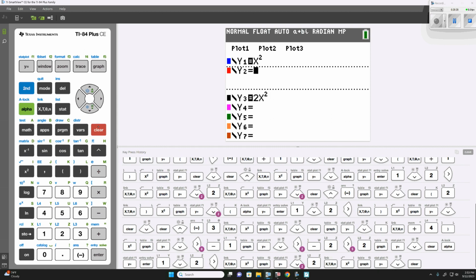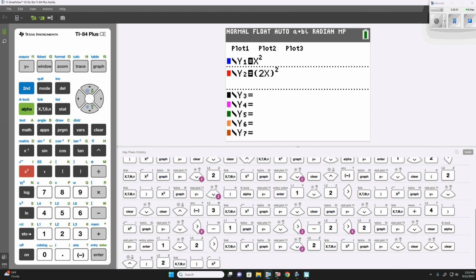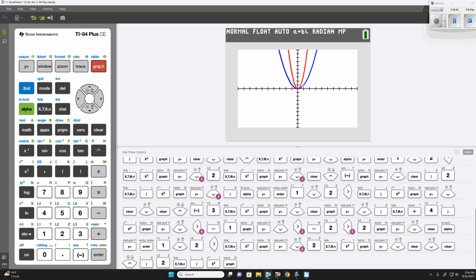Now, the one we just had was 2x squared, which we said was a horizontal shrink, which means horizontally, left and right, it should be increasing slower than the original one. And if we graph it, it is indeed increasing slower along the x, yes?